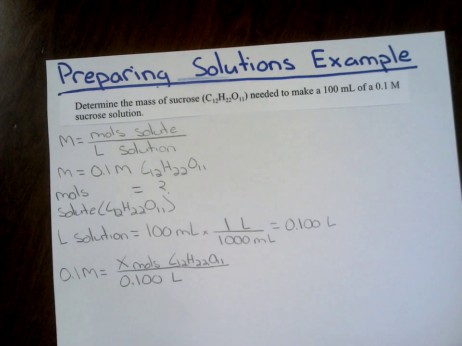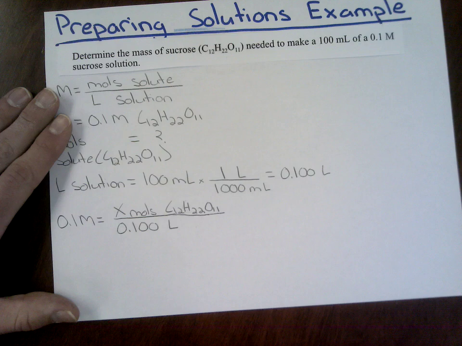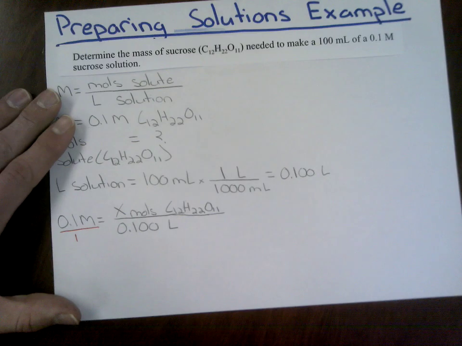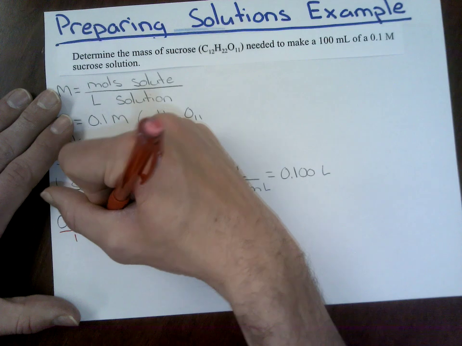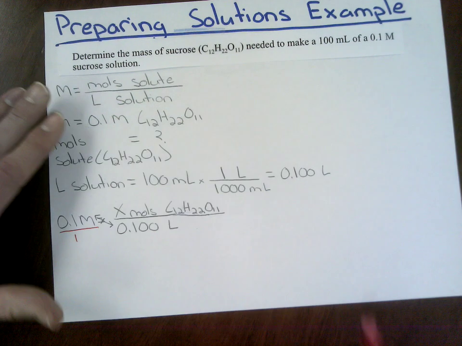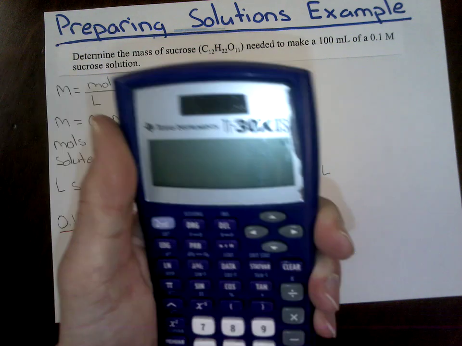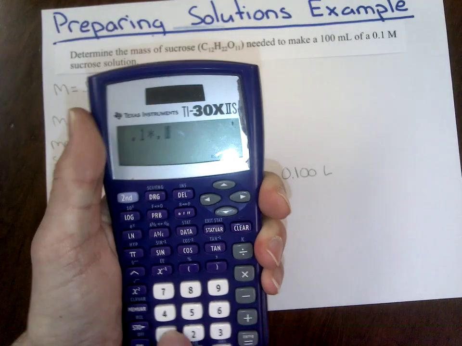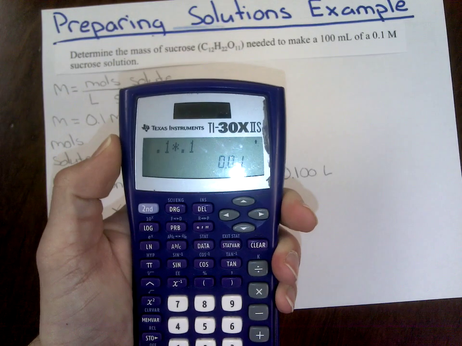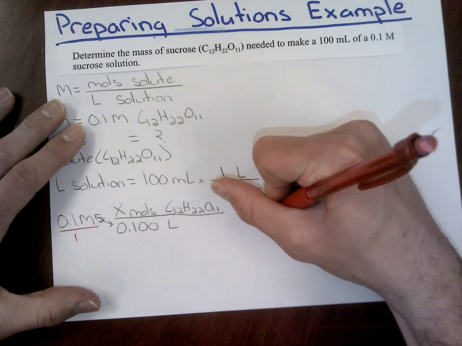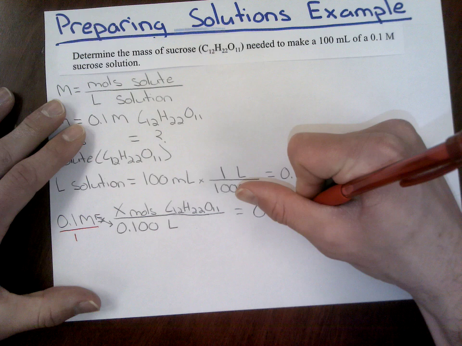Now, we're going to pretend that these are equivalent fractions. So I'm going to put 0.1 over 1, and then cross multiply 0.1 times 0.1. So I take 0.1 times 0.1, and I get a value of 0.01.